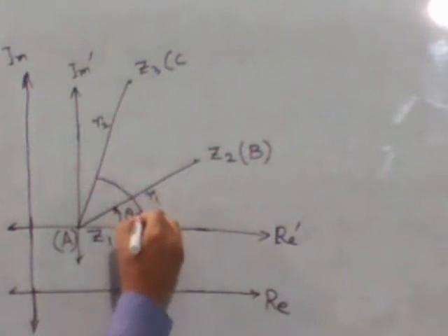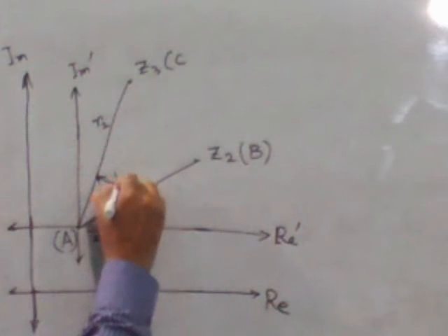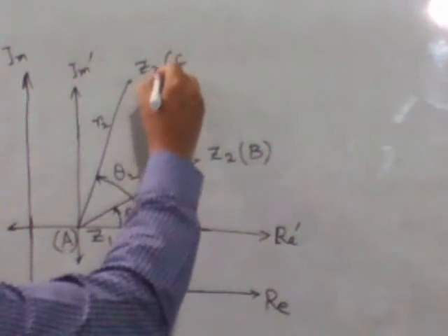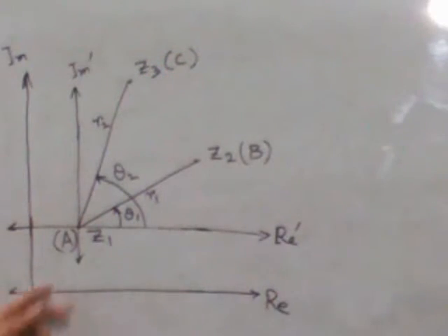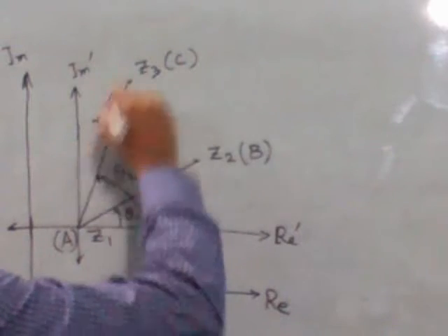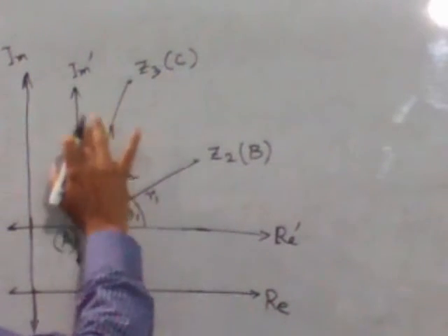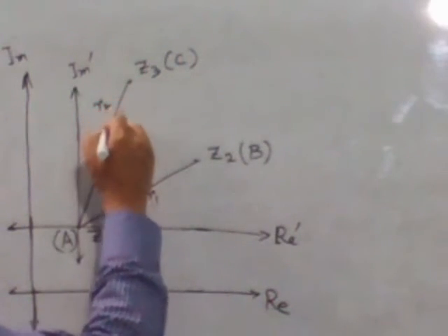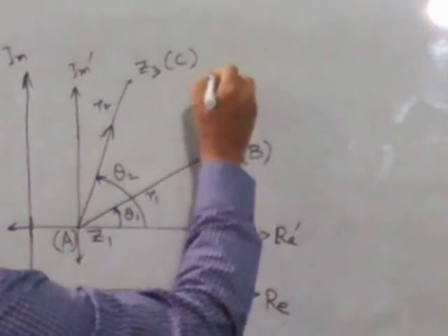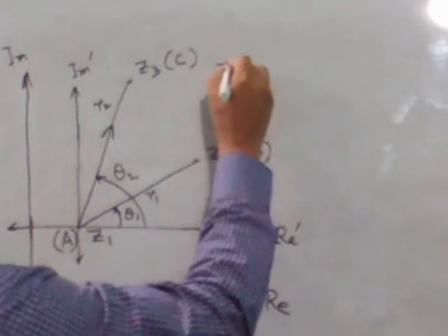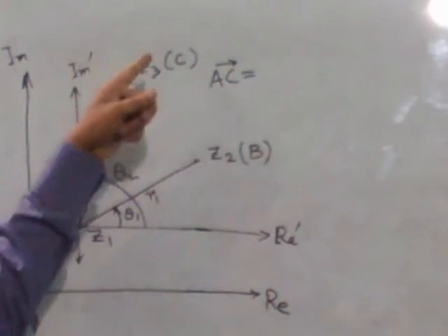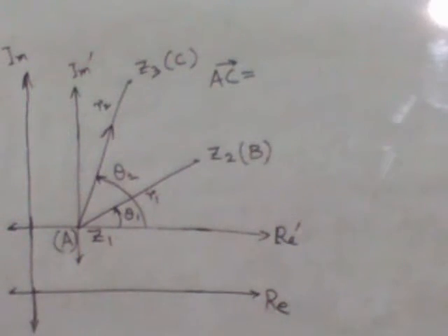Now in our previous class we have seen that if this angle is θ1 and if this angle is θ2, then AC vector can be represented, this is R2, as AC vector equal to Z3 minus Z1.